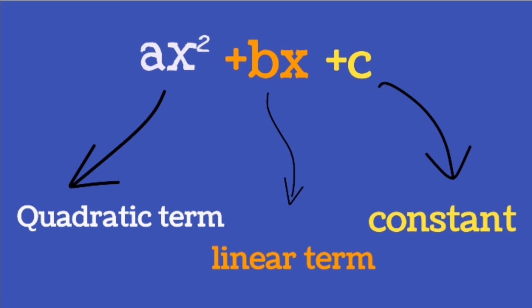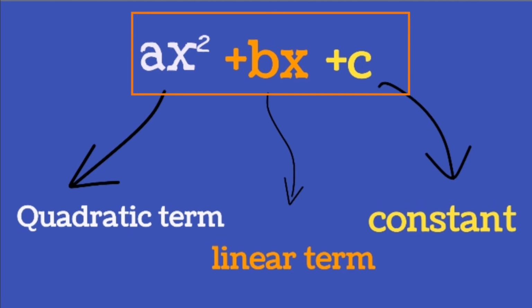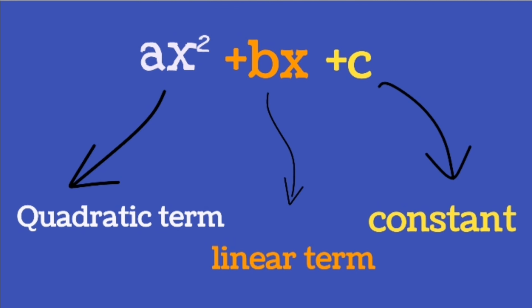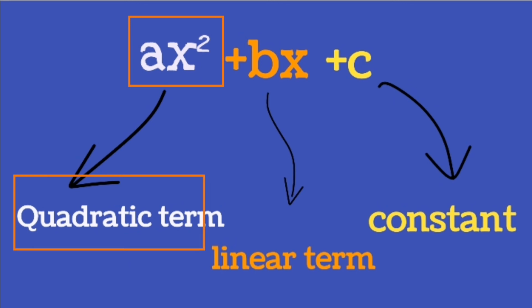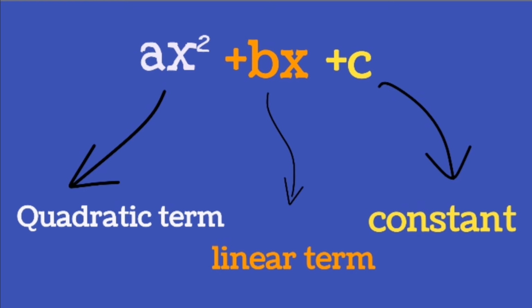Now, in the general form of a quadratic equation, ax square plus bx plus c, first term ax square is called quadratic term. Second term bx is called linear term.